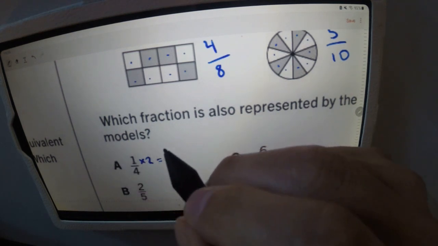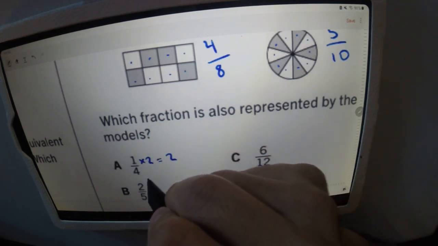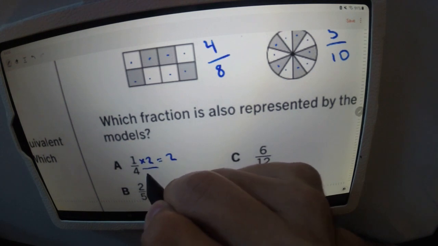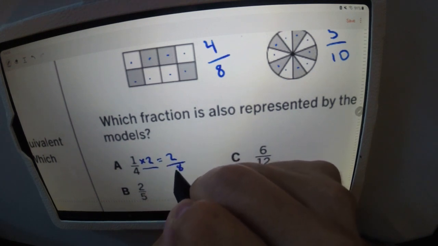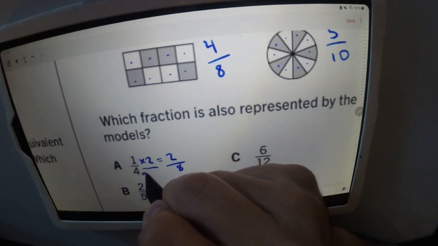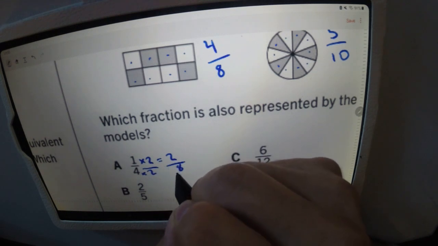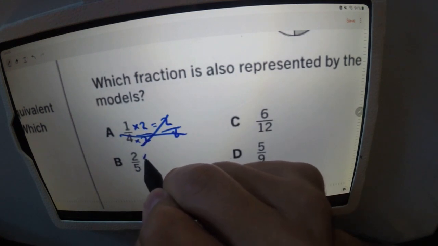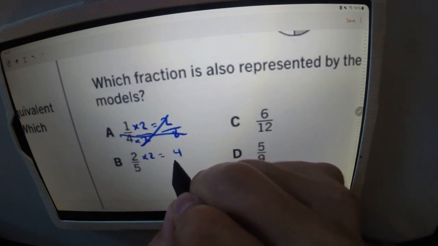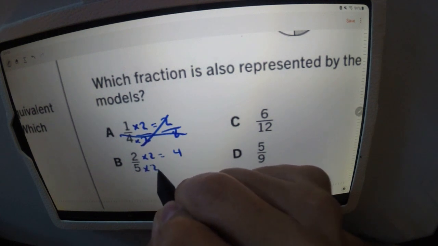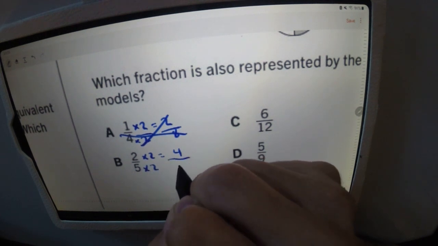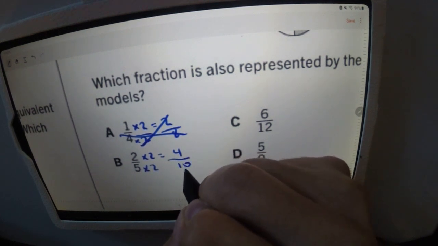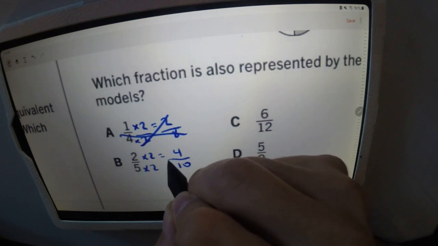That's not what I'm doing. Hold on, sorry. 2 times 4 is 8, right? 2 is not half of 8. 2 is 1/4 of 8, so that's not the answer. 2 times 2 equals 4. 5 times 2 equals 10. 4 is not half of 10, right?